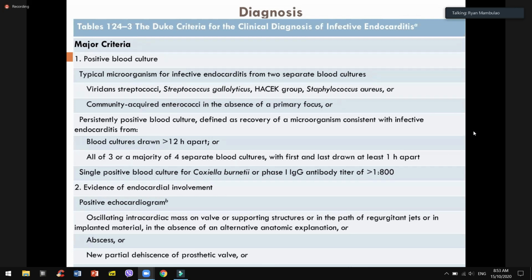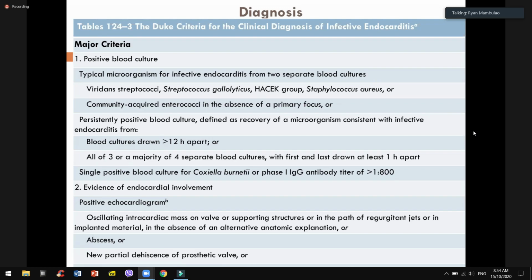Then it can also be Coxiella burnetii, or even without a positive blood culture, a phase 1 IgG antibody titer of more than 1:800 is another major criterion. But we don't have that here in Tacloban. I think it's only in higher centers.